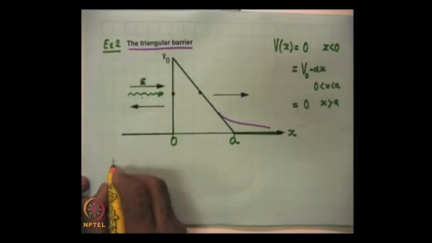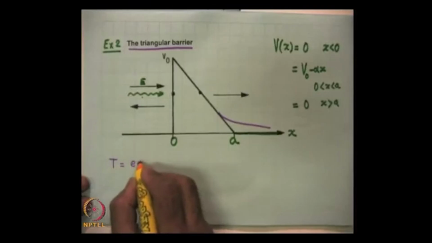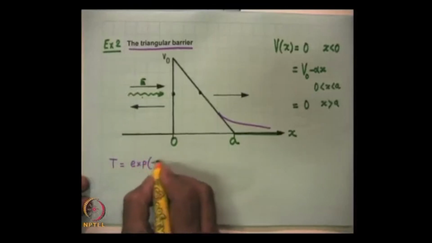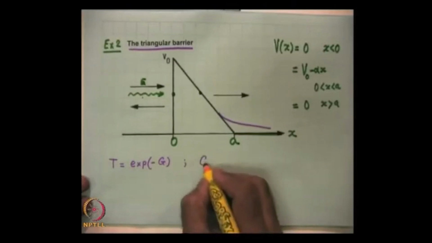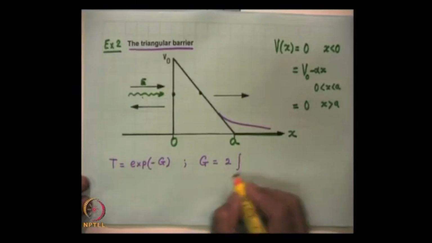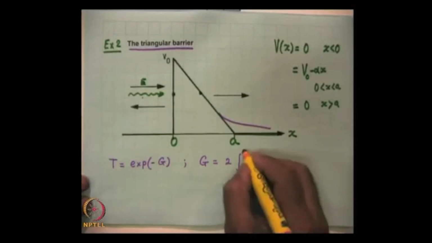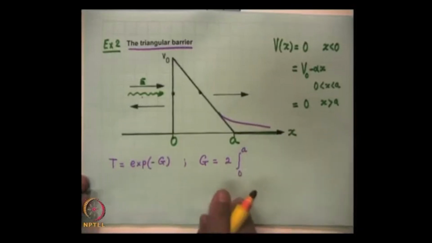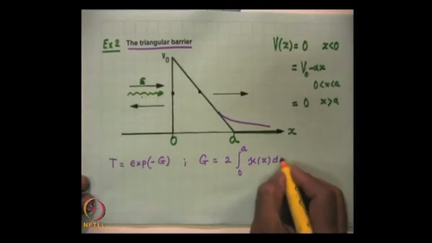So, the tunneling probability, as you know, is exponential of minus g, where g is equal to 2 integral from the turning points a to b. So, here it is 0 to a, kappa of x dx.